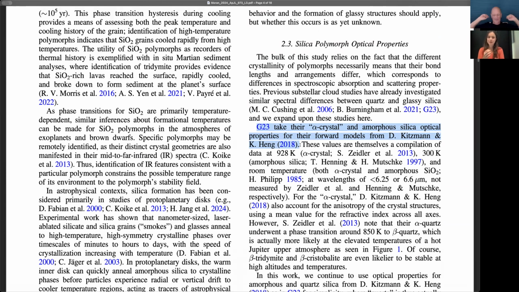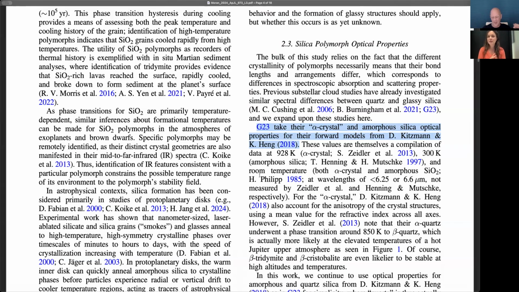So the naming can get a little bit lost in translation as you move from a laboratory person to a modeler to somebody maintaining a database to somebody using something from that database. There's confusion even within this paper, in that they're calling it an alpha crystal, but it was actually measured as a beta crystal. So once you start to think about the really nitty gritty of these different polymorphs, it gets very tricky very fast.